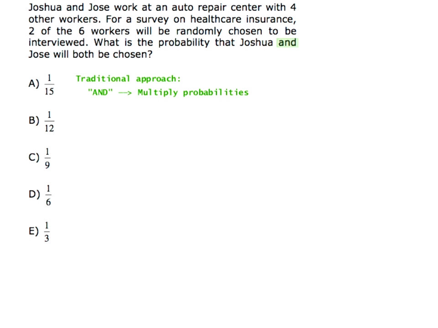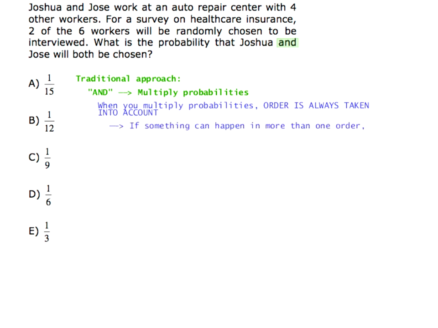It's never disregarded. So if something can happen in more than one different order, then you have to take all of those orders separately into account.